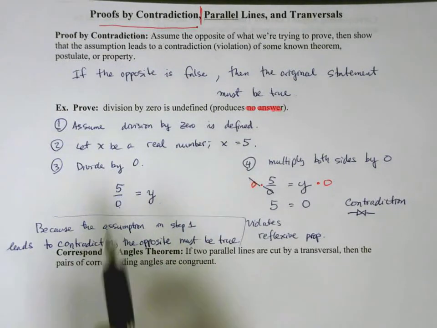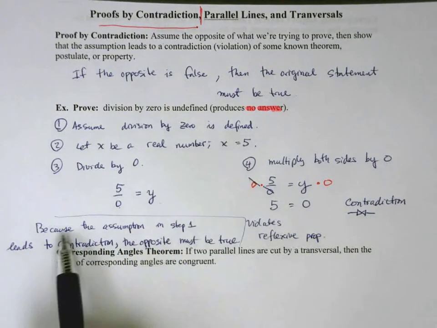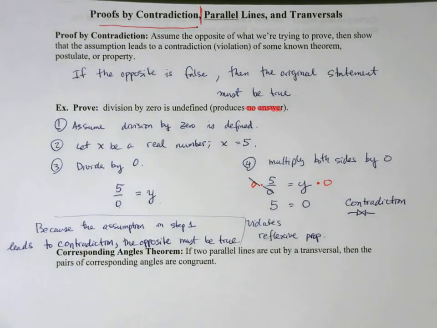So the assumption says assume division by 0 is defined, and it leads to a contradiction. So the opposite of that must be true, which is that division by 0 is not defined.